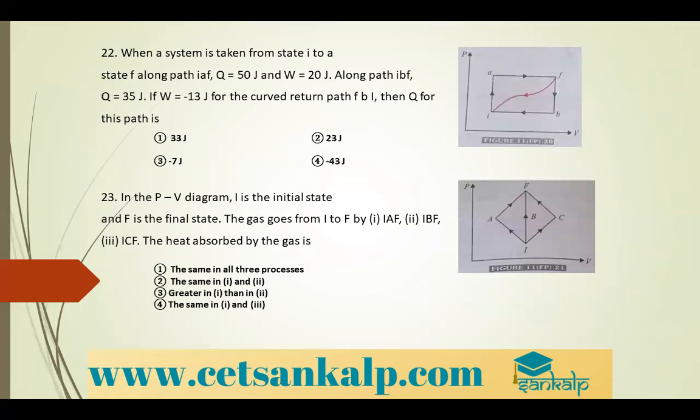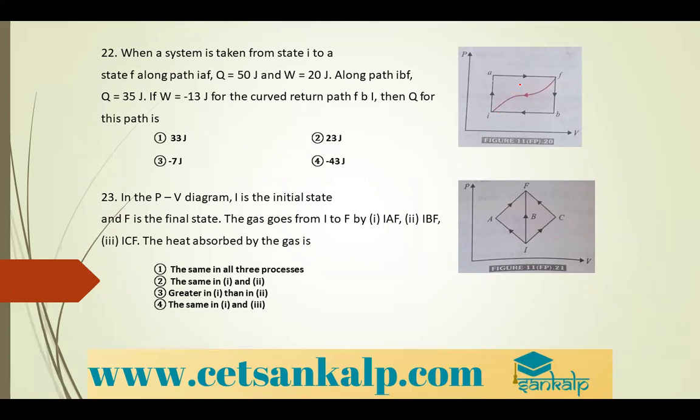Okay, as you can see, a system is taken from state I to state F along path IAF. So for IAF they have given some Q and W. Along path IBF, so you have the two paths here.